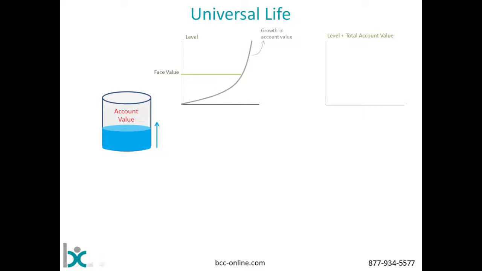In theory, at some point, this account value could grow to exceed $250,000. If that happens, then that becomes your new death benefit. So with a level death benefit structure, your death benefit is going to be at least the face value that you purchased, but if your account value should grow to exceed the face value, then that will become your new death benefit.